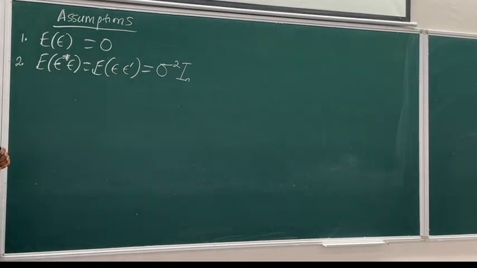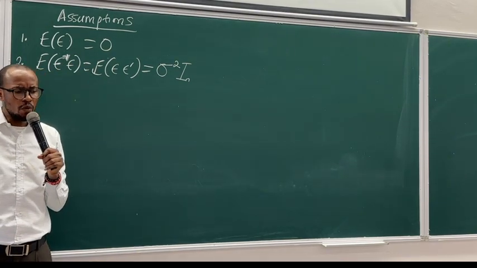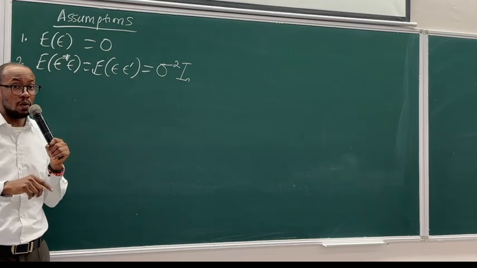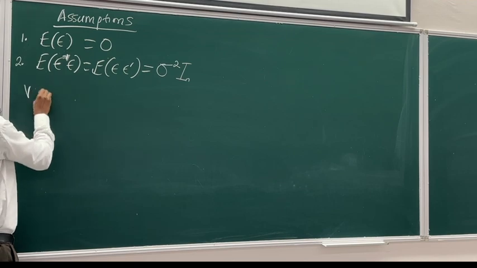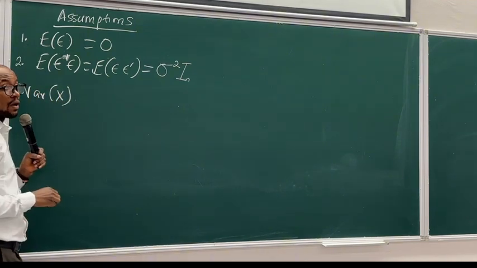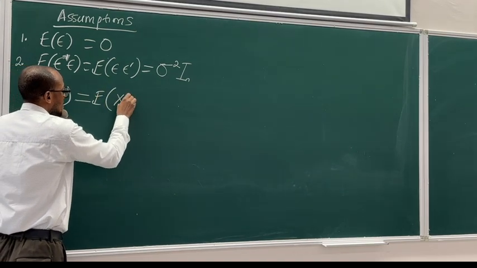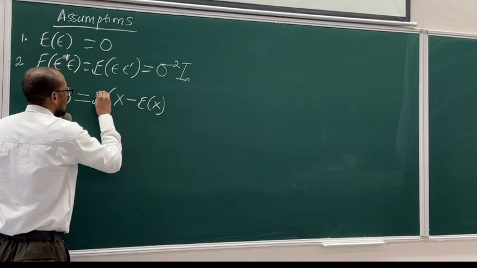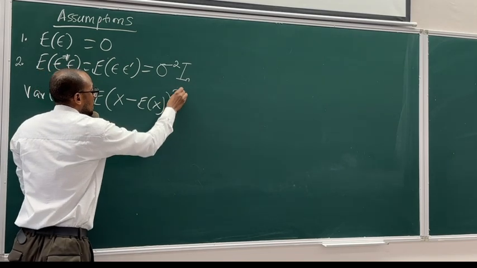Let me quickly give you guys why we write it in this form. If you need to define the variance of a random variable, this is how you define it. The variance of a random variable x is always equal to the expected value of x minus the expected value of x, all squared.